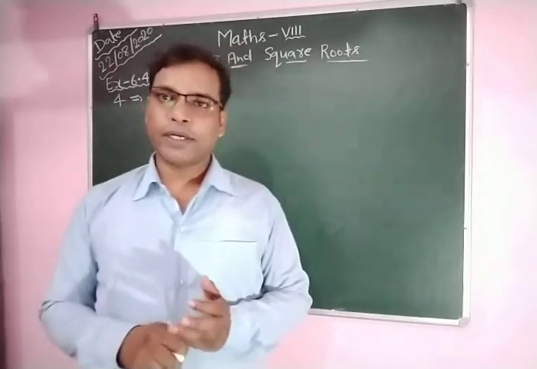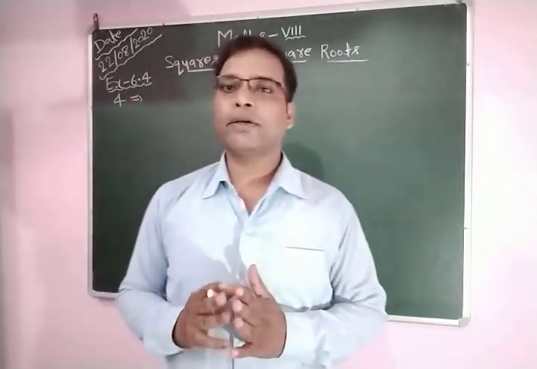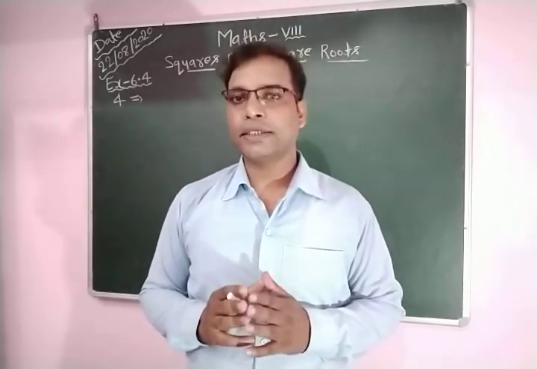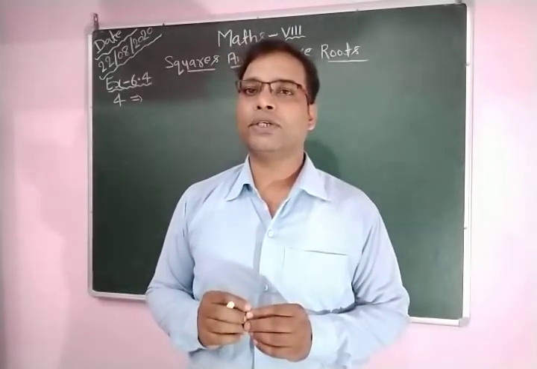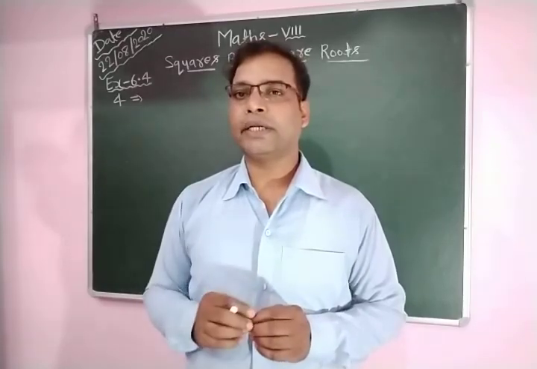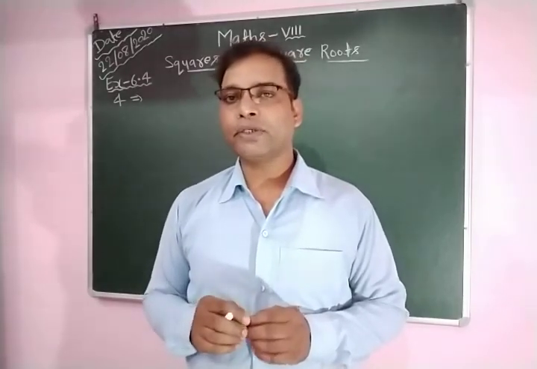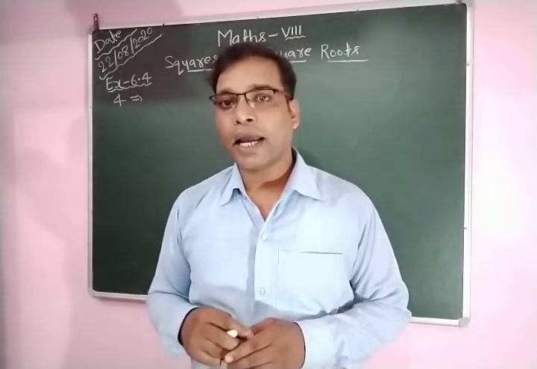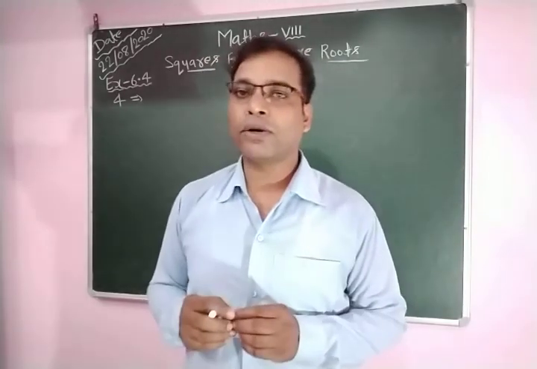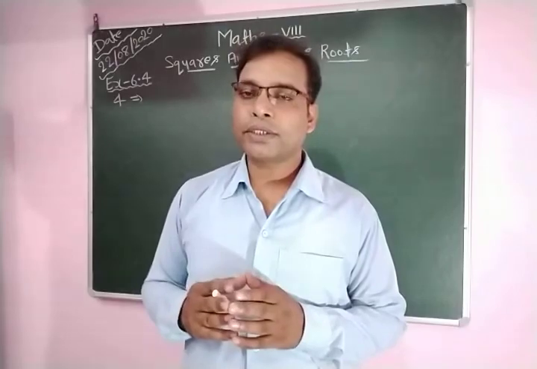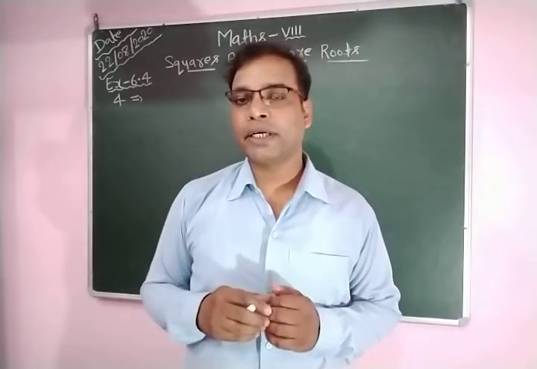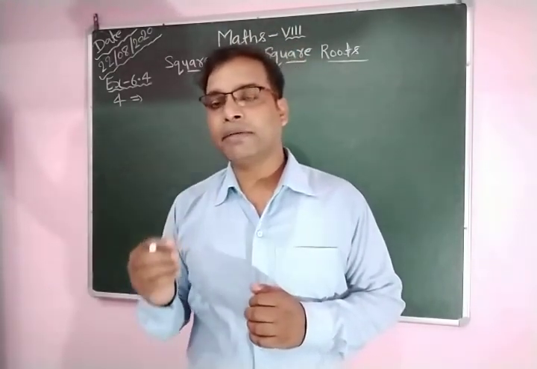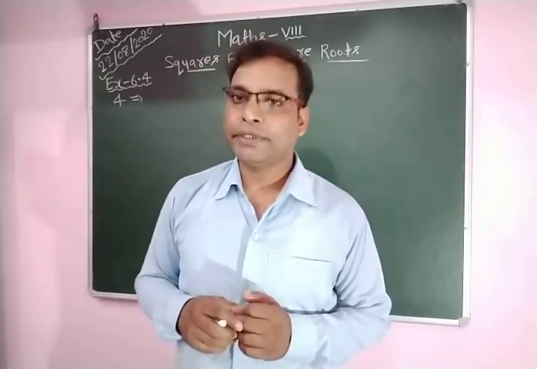Good morning, students. Today we are going to discuss squares and square roots, chapter 6. In this chapter, we learn how to find the square of any given number and how to find the square root of numbers by repeated subtraction, prime factorization, and long division methods.